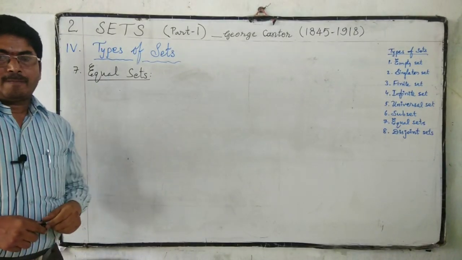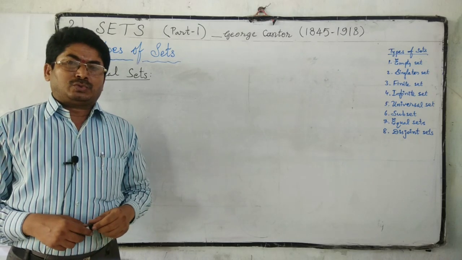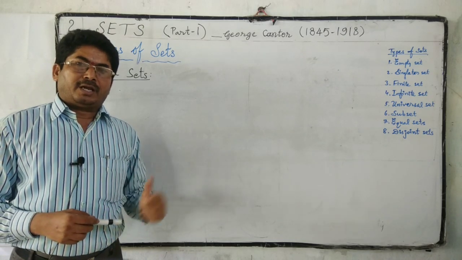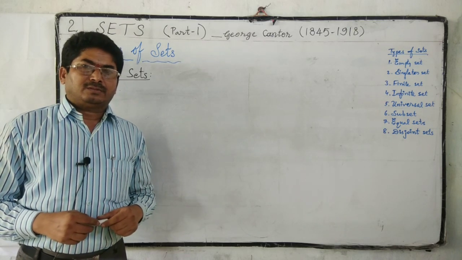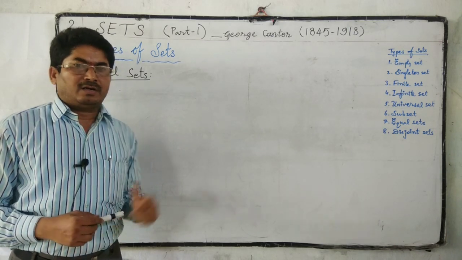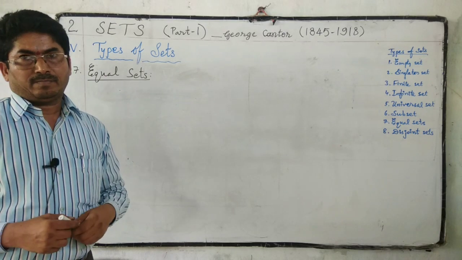Equal sets. If two sets A and B contain the same elements, then the sets are called equal sets.